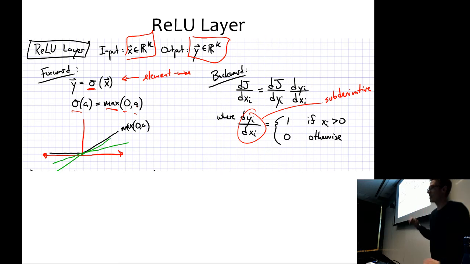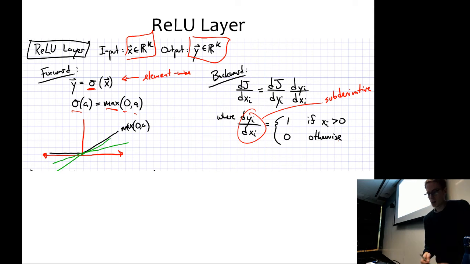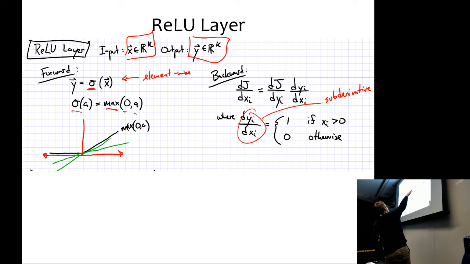So we've actually seen this function before in structured SVM, and we saw that it was subdifferentiable. And so we can actually compute a subderivative for it, which is just 1 if xi is greater than 0 and 0 otherwise.